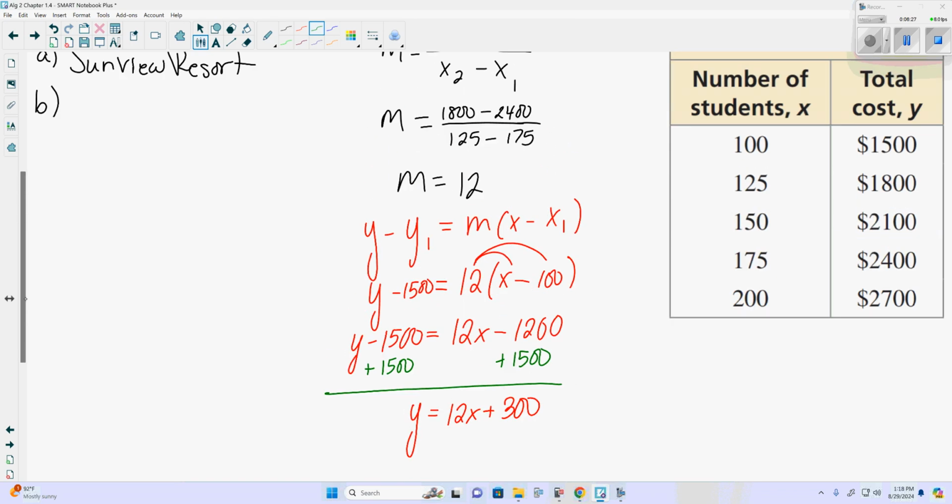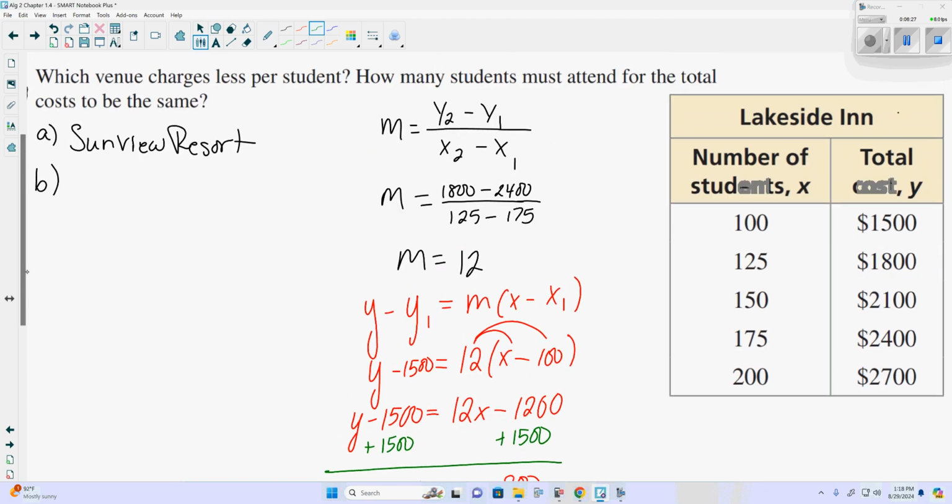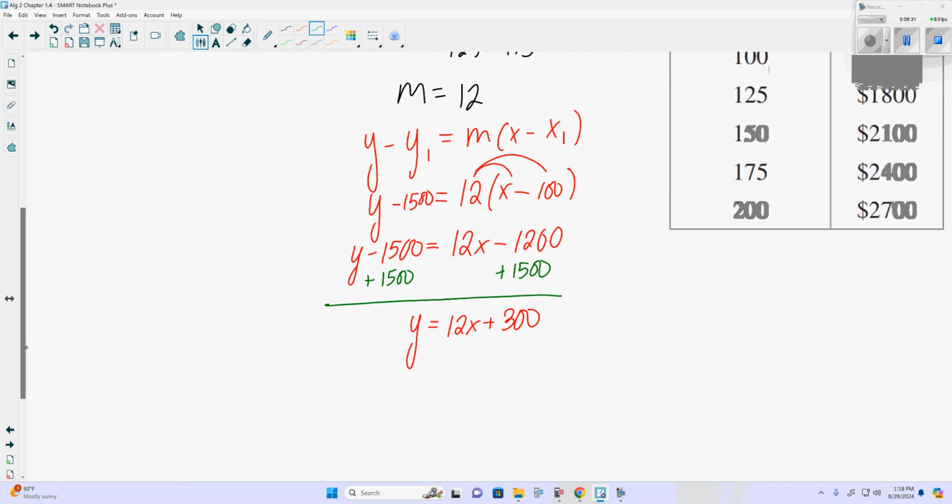So Sunview is the first one. So we have the equation for Lakeside: y equals 12x plus 300.